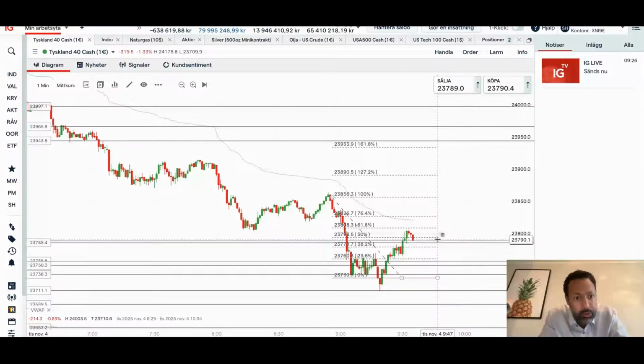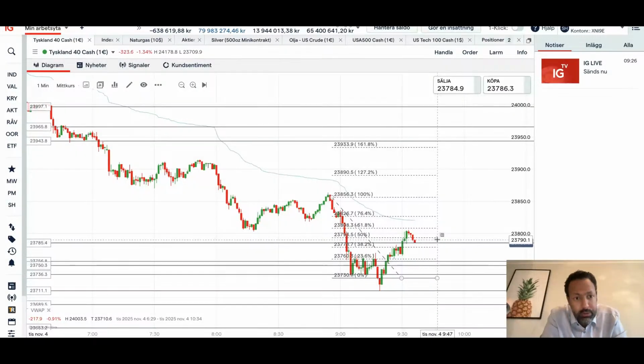Give it one, maybe. I'm not a big fan of this. This one looks like it's coming down, so I'll throw in the towel and exit there at my entry at minus 31. And then I would take it here again. And then I would, of course, not lose here.